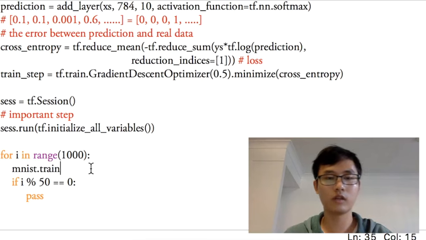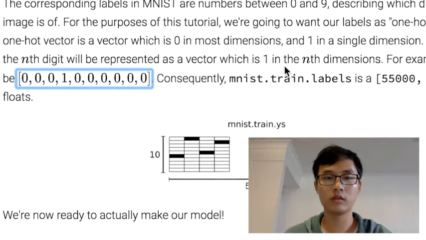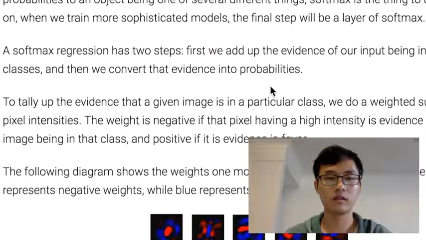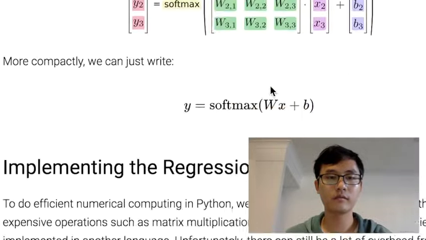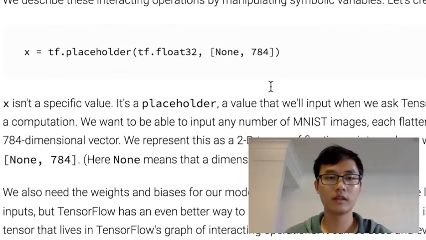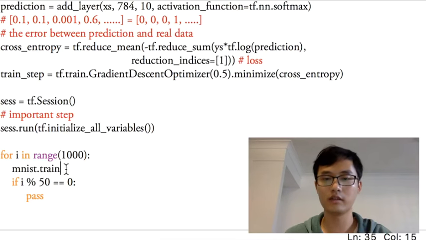We're going to have 55,000 training samples, and how many do we get for the test data? Let me check it out. For the test data, I don't know how many we have, but it should be less than the training data. Anyway, just keep going.